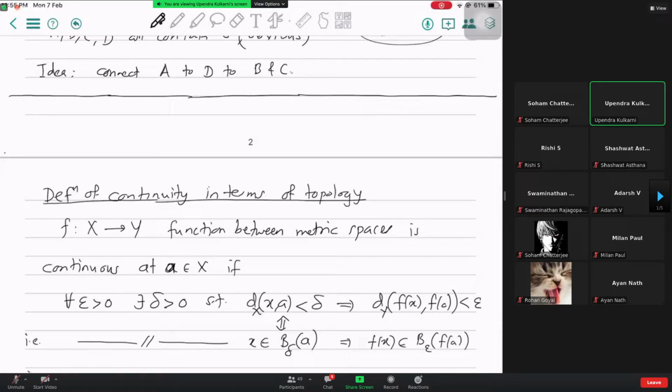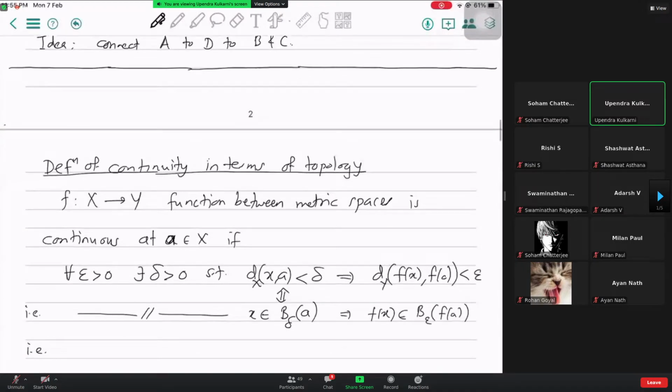Now, this is where life gets interesting, because what are we saying in terms of the picture here? We are saying that if I'm given a ball, so what is given to me?